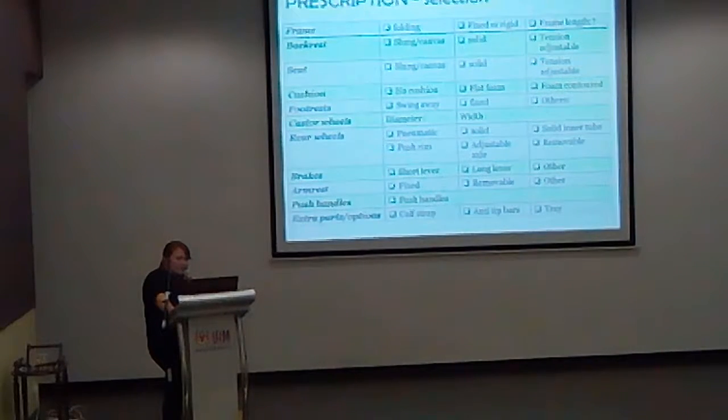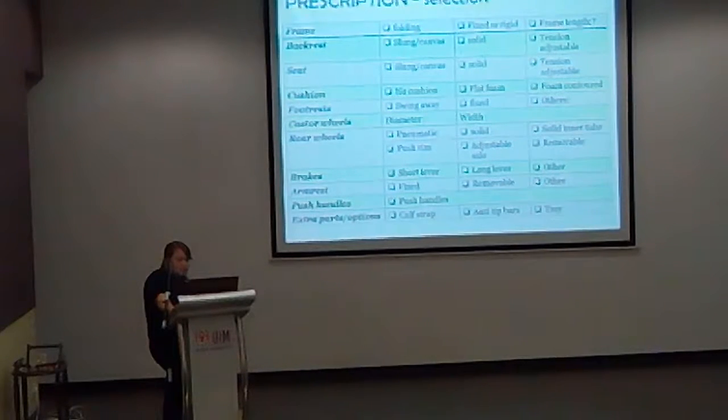Sorry. Okay. This one is selection. How you select the wheelchair for your patient. Okay. So the backrest will be sling or canvas, solid or tension adjustable. Ada yang backrest yang boleh adjust ya. Okay, and then the seat also sling or canvas, solid or tension adjustable.